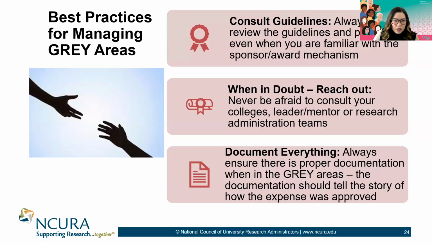Okay, so I want to talk a little bit about some best practices when I'm managing gray areas. First and foremost, as research administrators, consult the guidelines. Did you read the guidelines? Did you refer to sponsor policy?